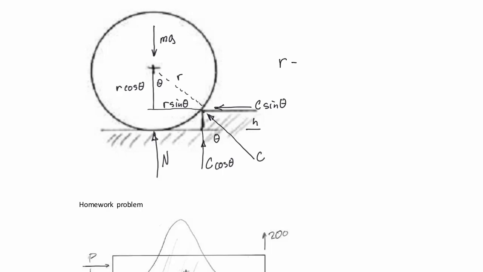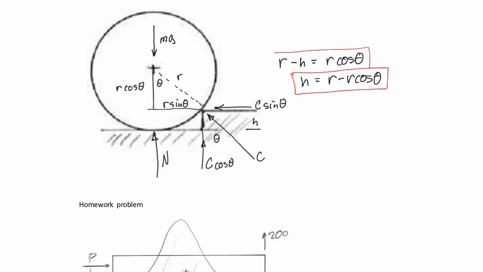So I'm just going to write some identities here. R minus h is equal to r cos theta, or h is equal to r minus r cos theta, and that's kind of handy to know. Either one of those can be used to find the angle theta. And then of course this lever arm here is r sine theta.